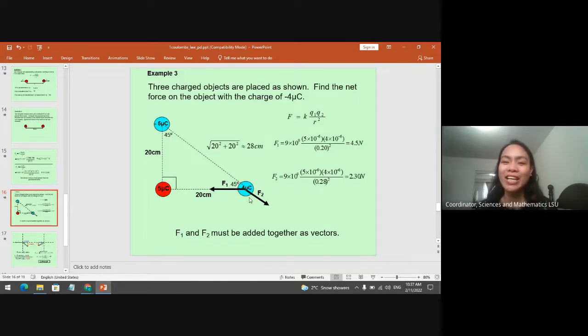There are two electrical forces here: F1, which is caused by the 5 microcoulomb charge, and F2, which is caused by the negative 5 microcoulomb charge. I will be sharing to you my notepad again.